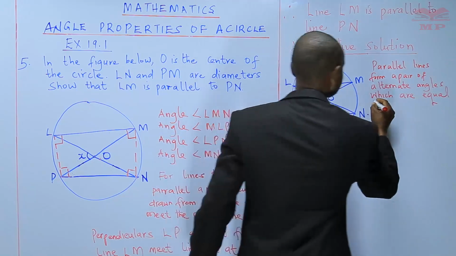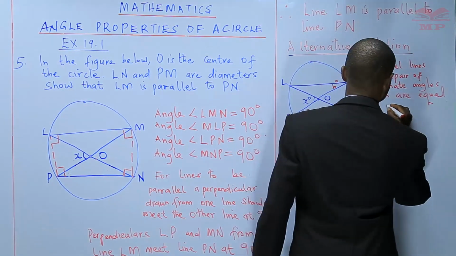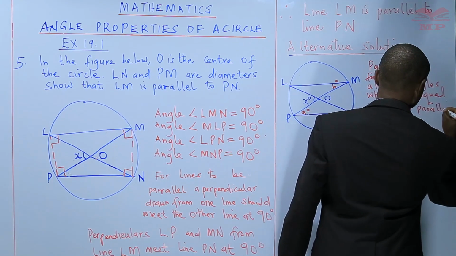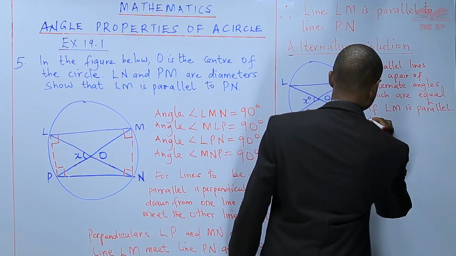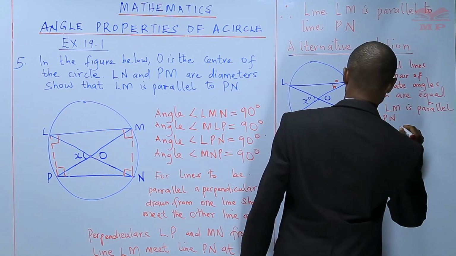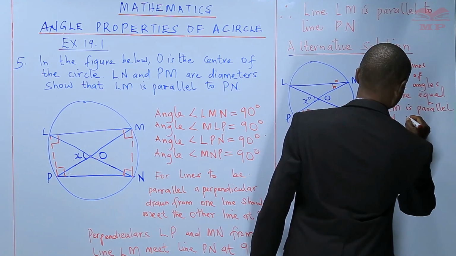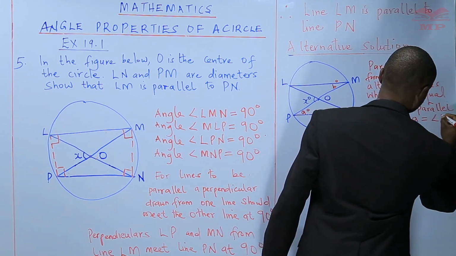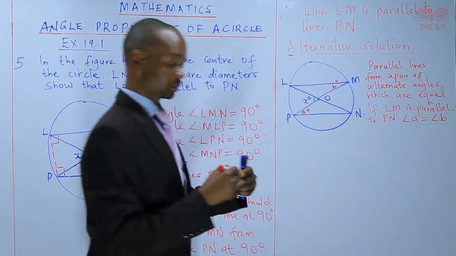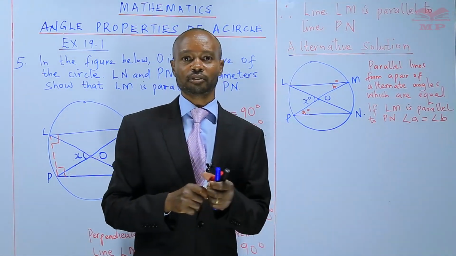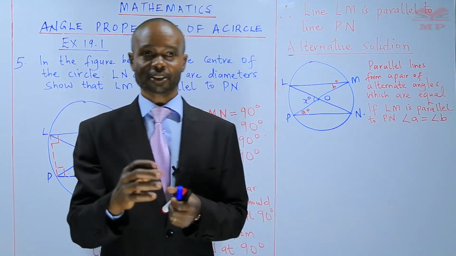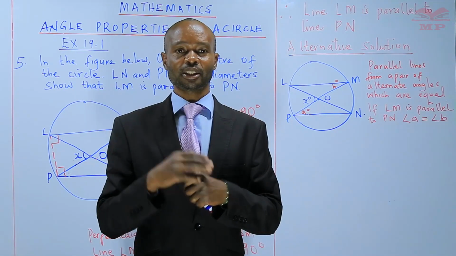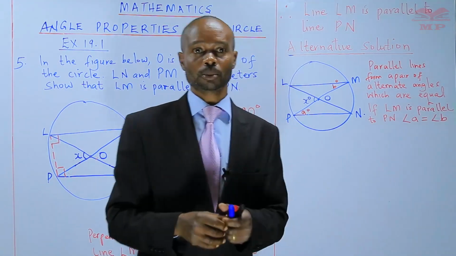If LM is parallel to PN, angle A will be equal to angle B. So having that, I have to calculate the value of angle A and also the value of angle B, and then I compare their values. If their values are equal, the lines will be parallel.